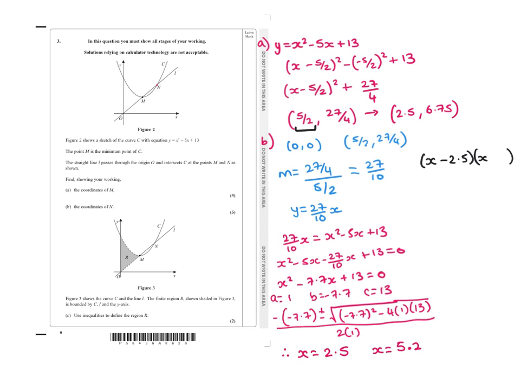So that's really silly, isn't it? Because we just need to do 13 divided by 2.5, because obviously we know that these two numbers are going to multiply to give you 13. So we could have just done 13 divided by 2.5, which is 5.2, okay?